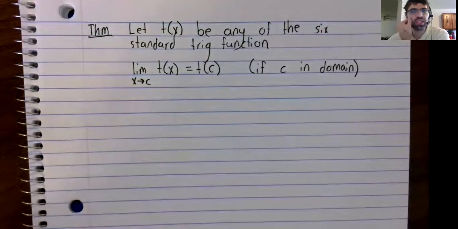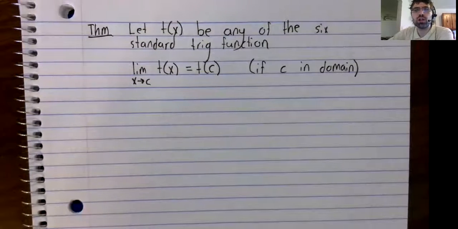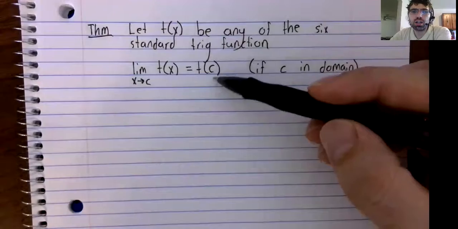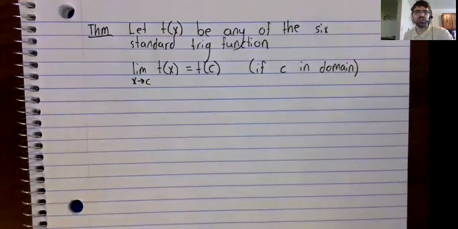So this is always true for the sine and cosine, but the other 4 trig functions all have vertical asymptotes, points where they're not defined, and where you can't plug c in.